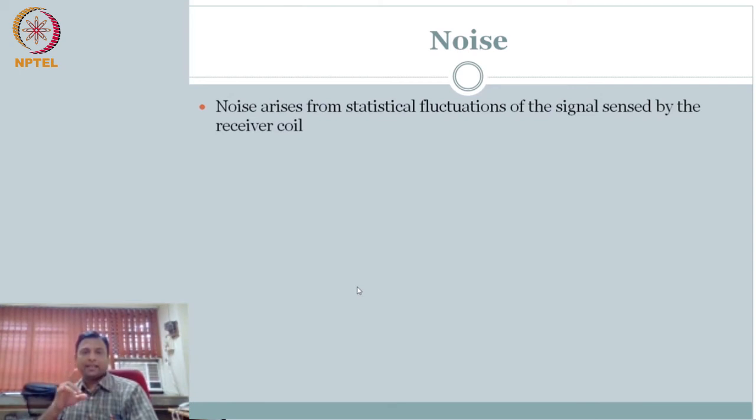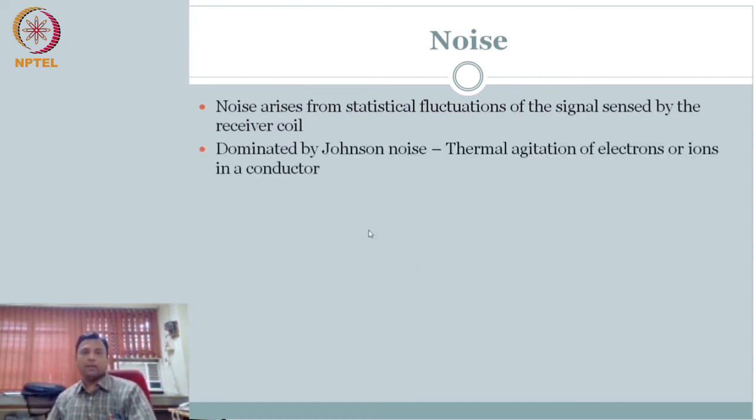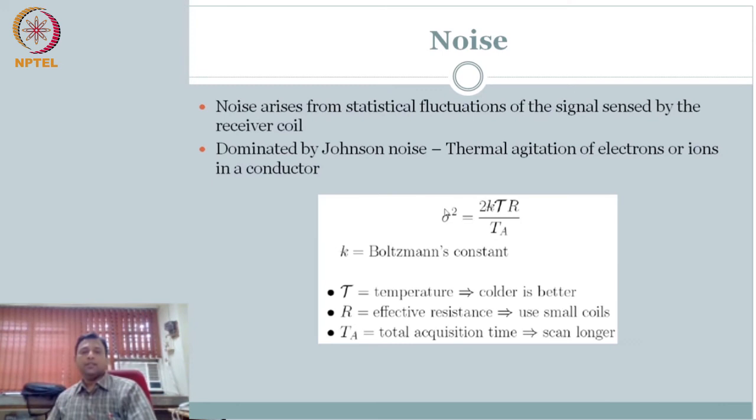So the only data noise that comes during data acquisition comes from your receiver coil, and that too is a well characterized statistical fluctuation, because when you have a receiver coil and you are doing this operation, it gets heated up. So noise essentially comes from very well modeled Johnson noise or thermal agitation in electronics. Okay, so there is a noise model for this.